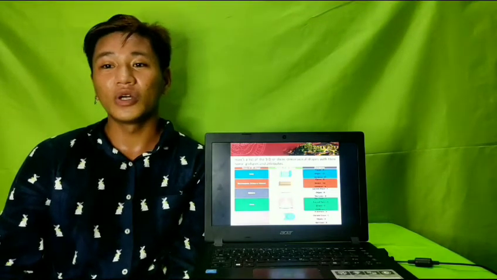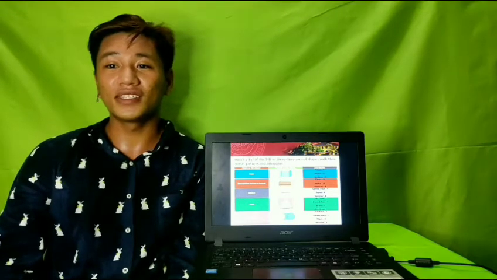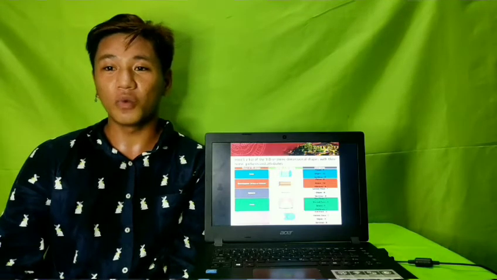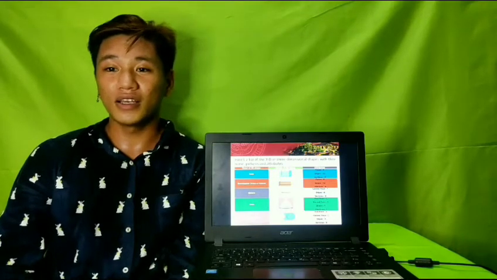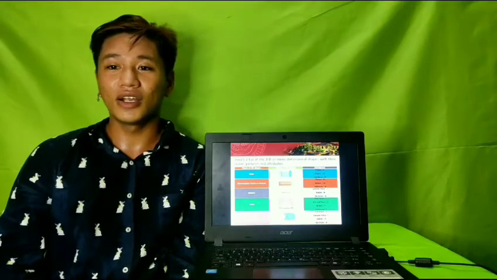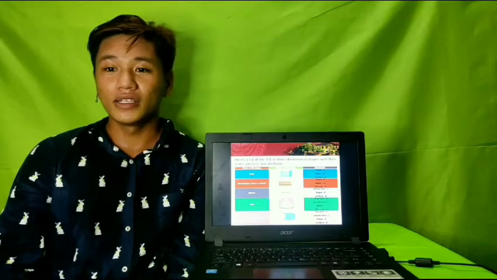A sphere: a curved face of 1, edges of 0, vertices of 0. A cone: a flat face of 1, curved face of 1, edges of 1, and vertices of 1. And a cylinder: a flat face of 2, curved face of 1.